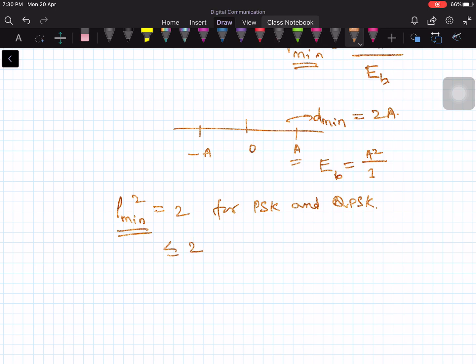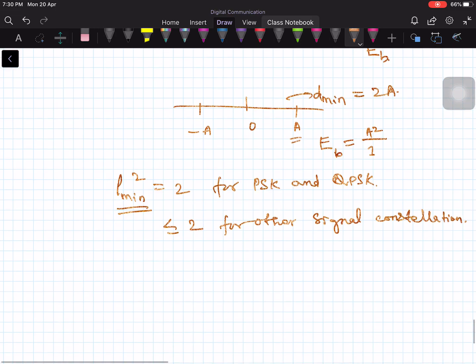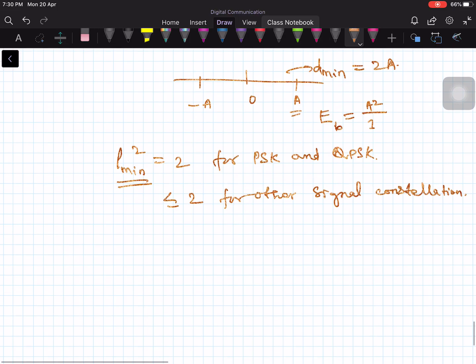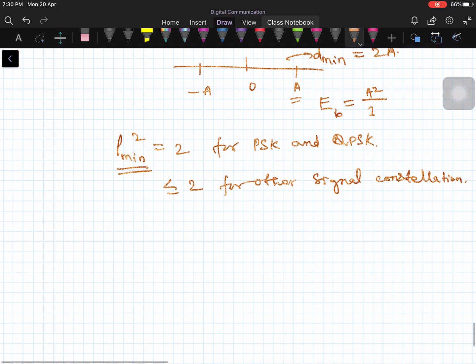And it is always less than or equal to that for other signal constellations. You can convince yourself that this rho min square equals 2, and it is going to be less than or equal to that for all other constellations.